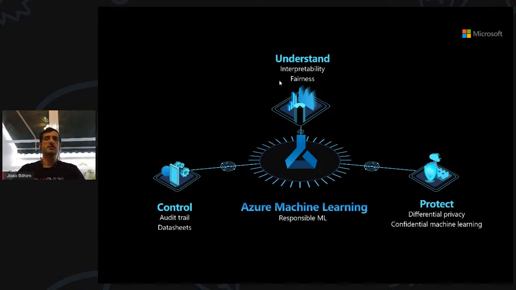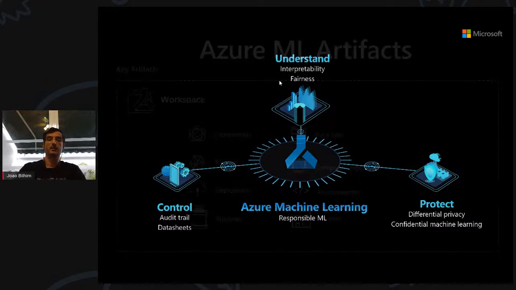So through the Azure Machine Learning Service, you can have the right support for understanding models through interpretability and fairness frameworks. You can use differential privacy and white noise in confidential compute to protect the data and protect the type of information you share. And at the same time, you can control the data through audit trails and data sheets.